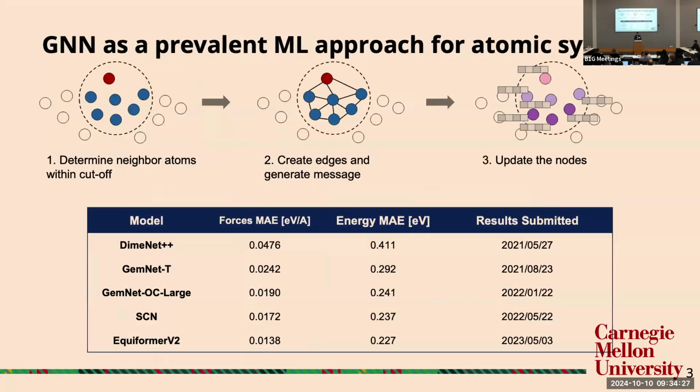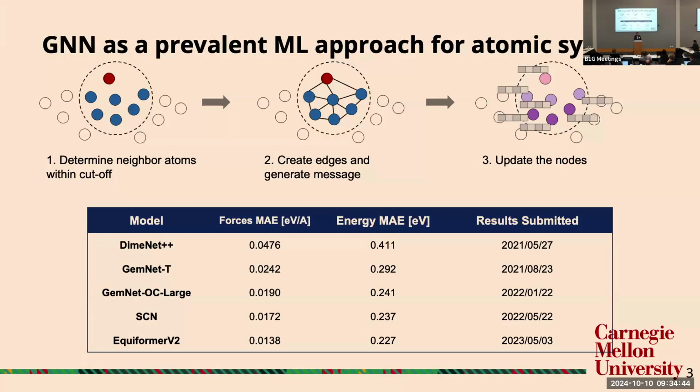optimal design. So far, during the last decade, we had GNNs, which are the prevalent type of ML approach for atomic systems, and they take advantage of the spatial coordination of the atoms.